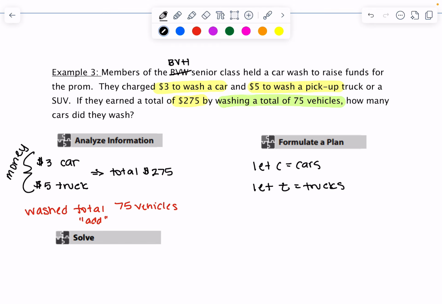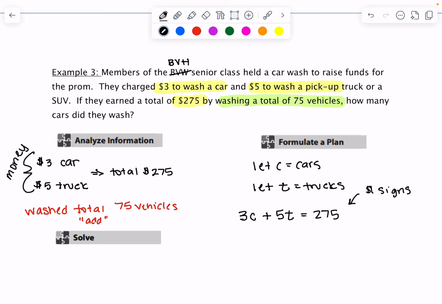So when I want to write this equation, I can say, well, it's $3 per car plus $5 per truck, and they earned a total of $275. Notice that all the numbers in here have dollar signs in the original word problem. That's important to be able to put your first equation together.